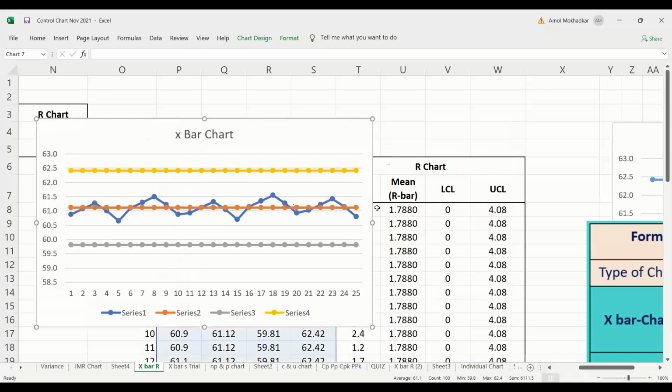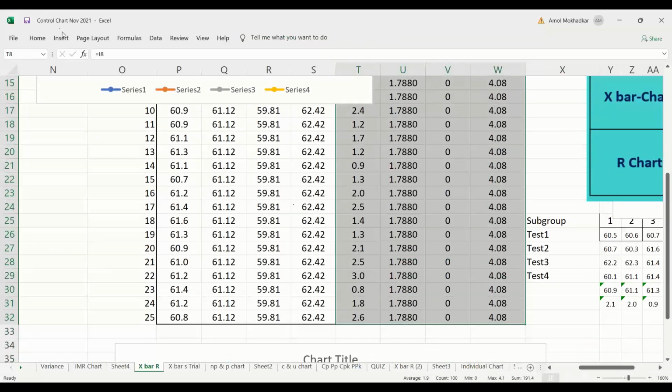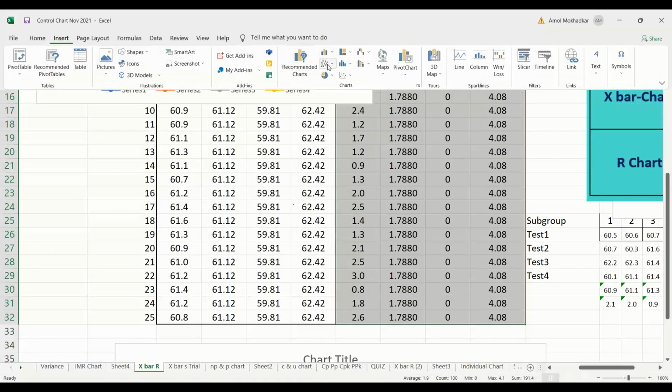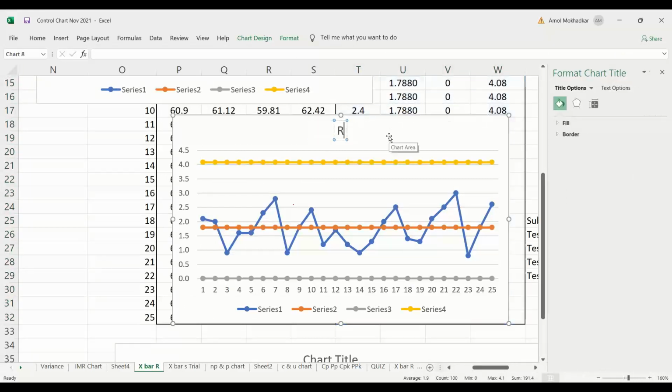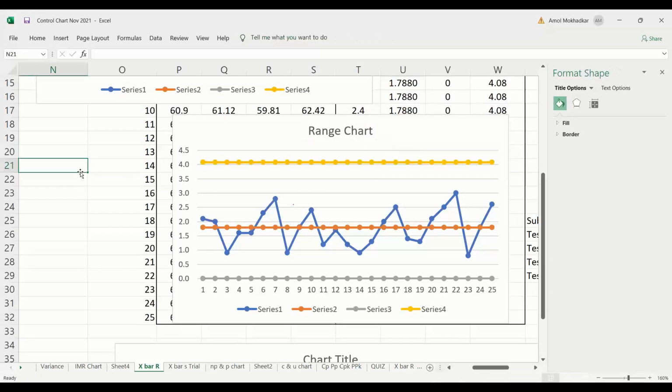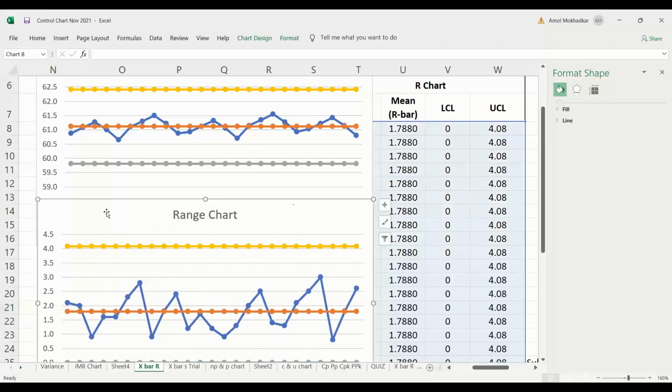For the range chart, again I have taken the same data and kept it at one place. I will go to Insert, and this is our range chart. And it will go one above the other.